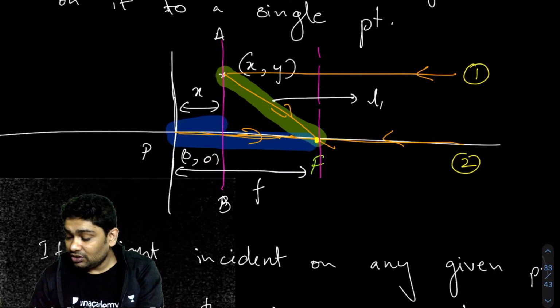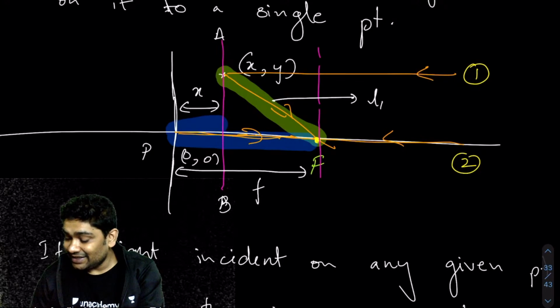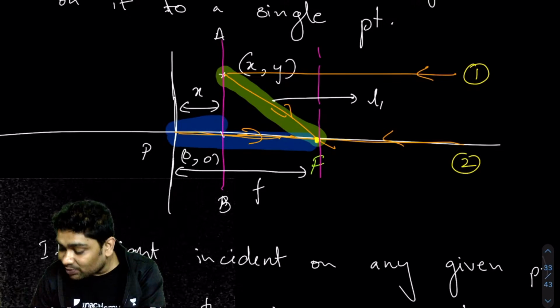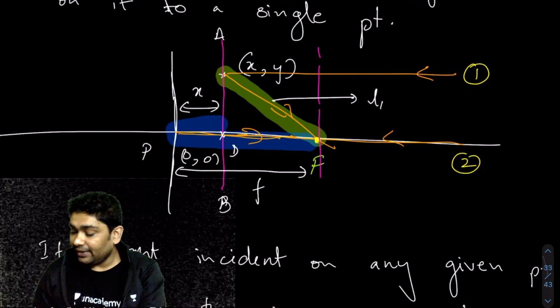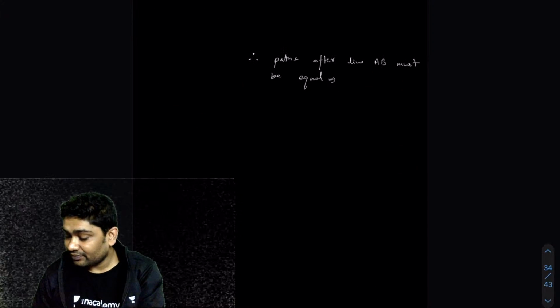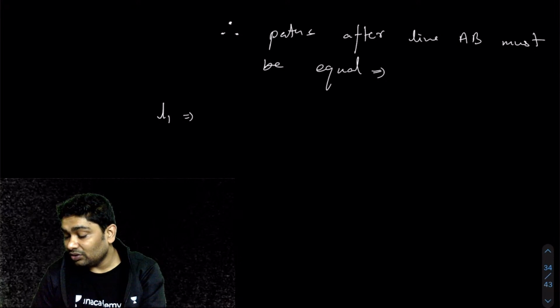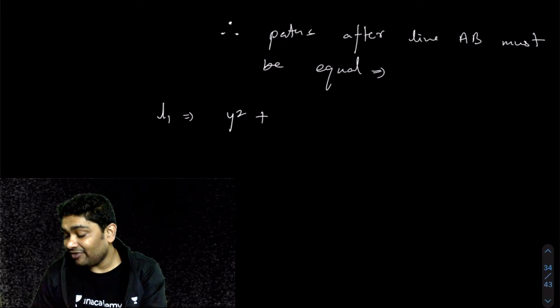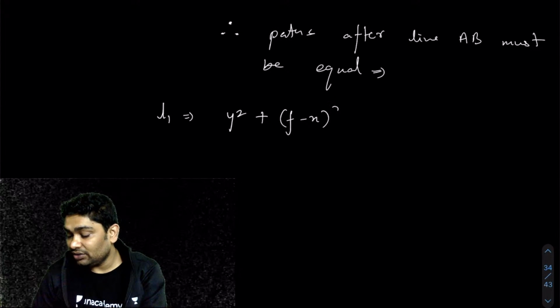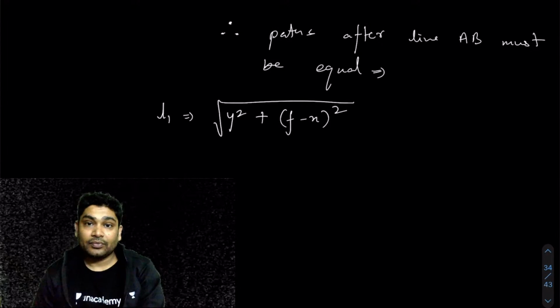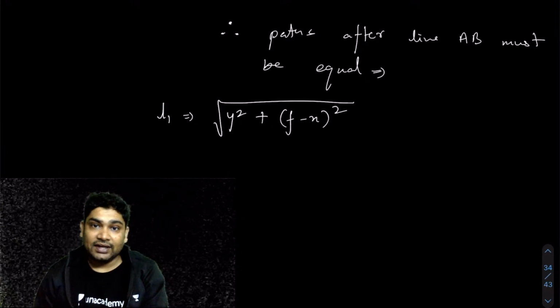Okay, so this is F. Let's call this point some D. So I can say L1 would be equal to the square root of y square plus f minus x whole square. See, that is what the length L1 is.